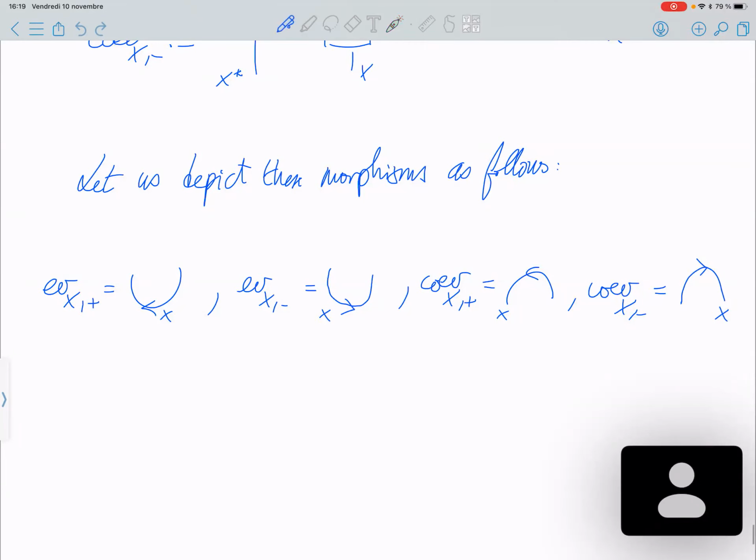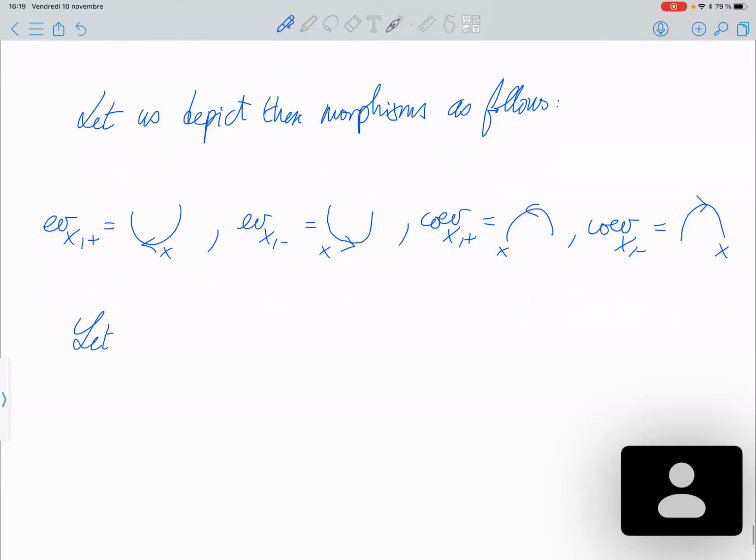We can also use an oriented notation for the identity. You have the usual identity of X, and the identity of X star will be defined with the opposite orientation, keeping X in the picture.